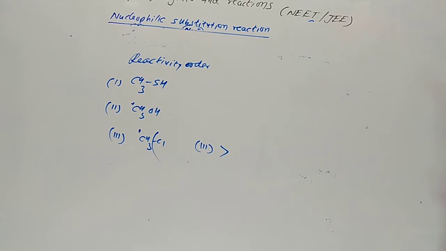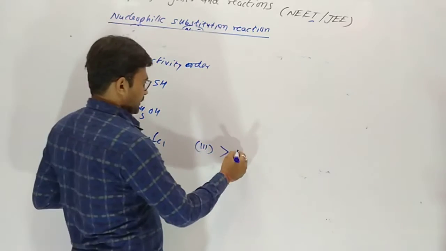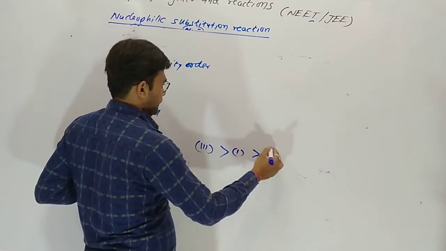Chloromethane gives a fast reaction due to the very high inductive effect of chlorine. Then SH and then OH. Then 1 and then after 2. Clear?